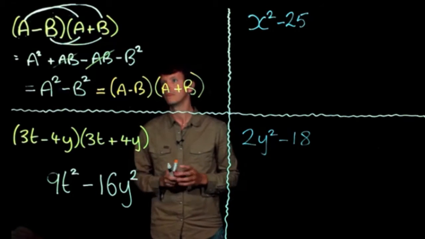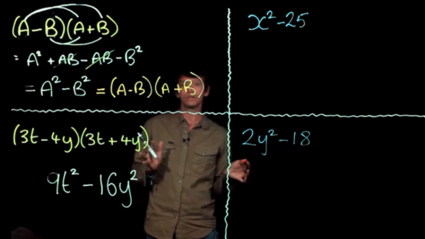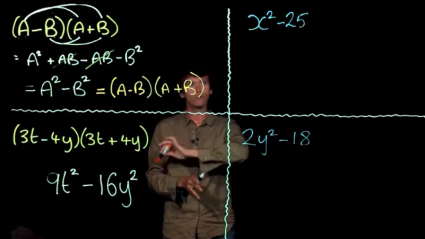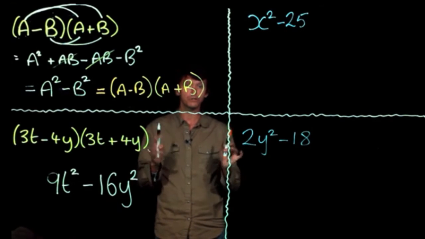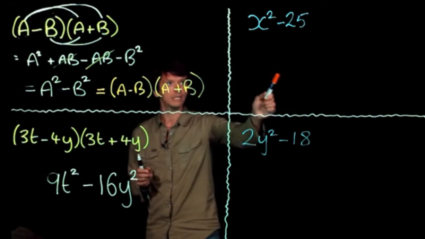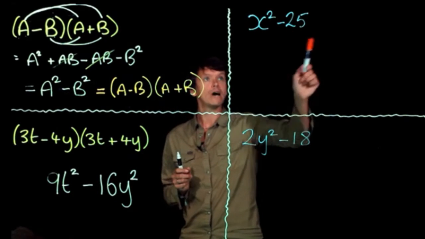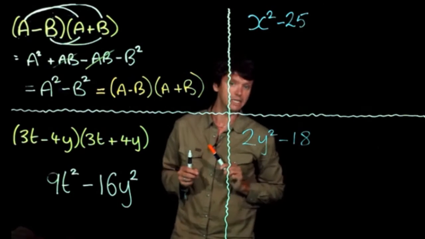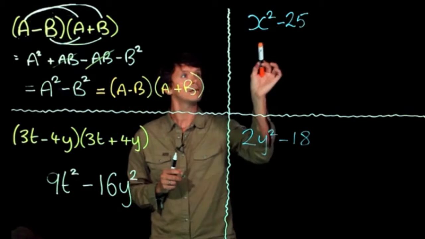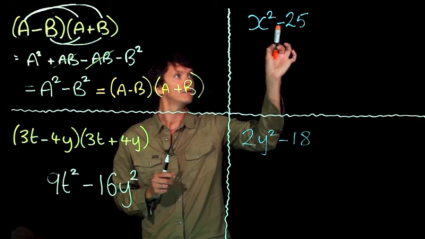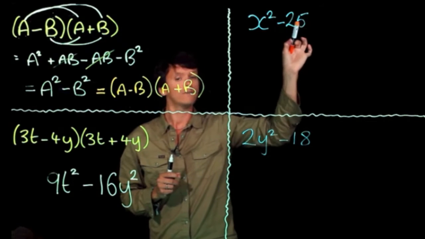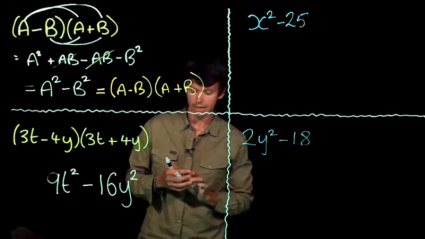Now, the other thing that you will need to do is to be able to go the other way. You can use the difference of two squares to factorise. Let's have a look at this. This is in the form already of a squared minus b squared, because we've got two square numbers. We've got x squared. We're subtracting 25, which is 5 squared.